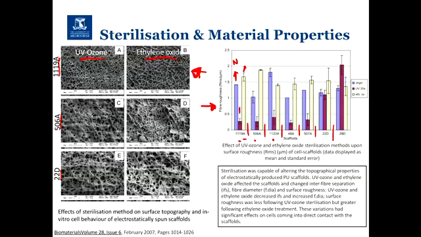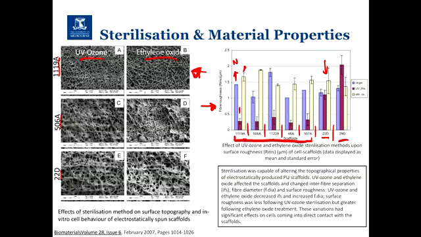So for these materials here, depending on what type of polyurethane that was, UV radiation decreased the surface roughness, so it made it a lot smoother. This one, I would say probably didn't change that much, only because the error bars in this one are very high.